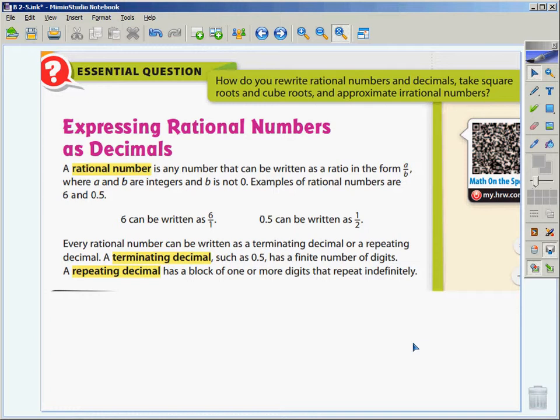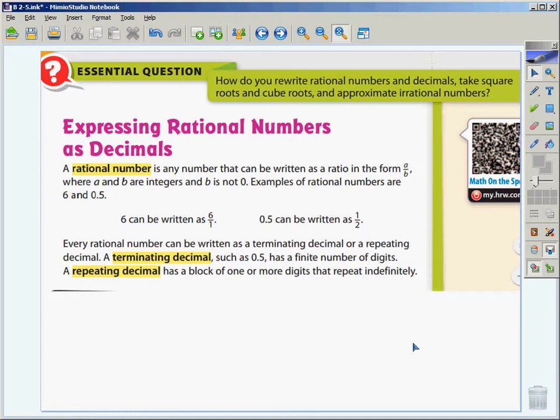The problem comes with dealing with irrational numbers. What's the most common irrational number? Anybody know? Pi. Because not only does it not terminate, it never repeats itself. The other things that become irrational are square roots. The square root of 4 is rational. Why?